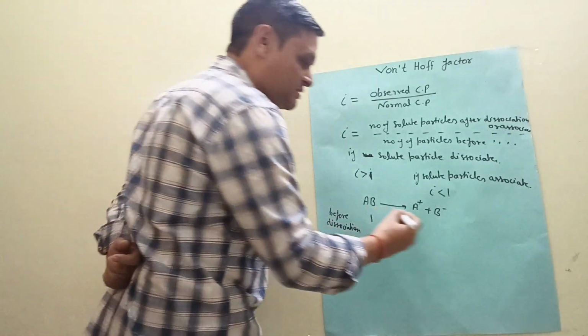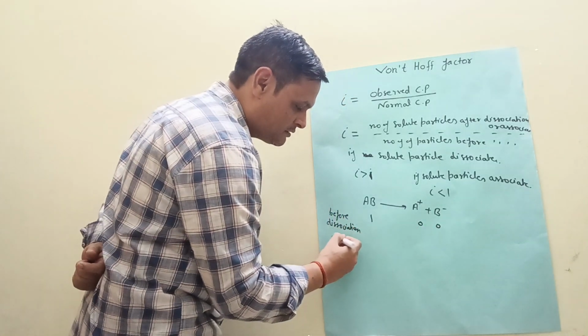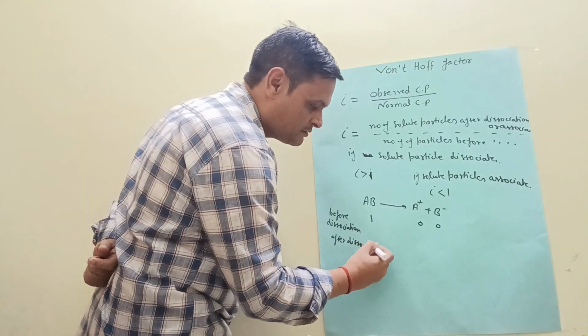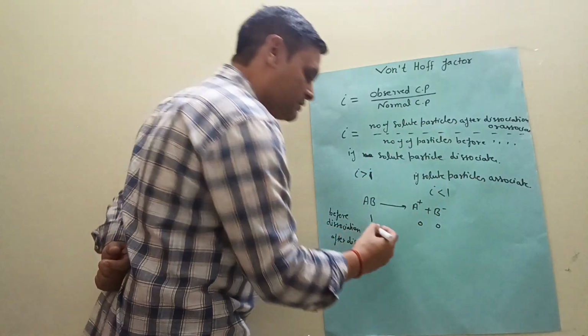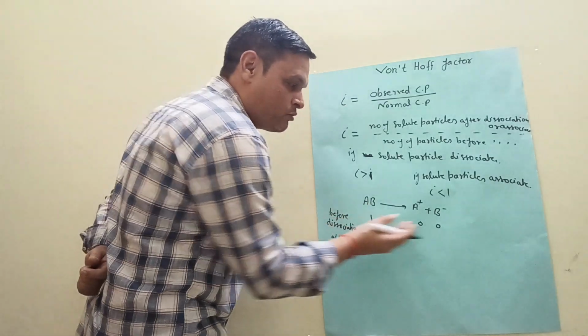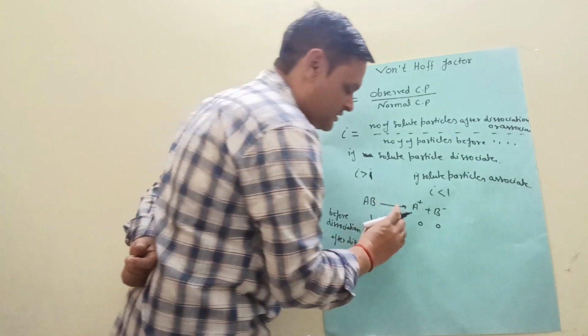So before dissociation the products were 0. After dissociation, assume that alpha dissociates, so 1 minus alpha remains.